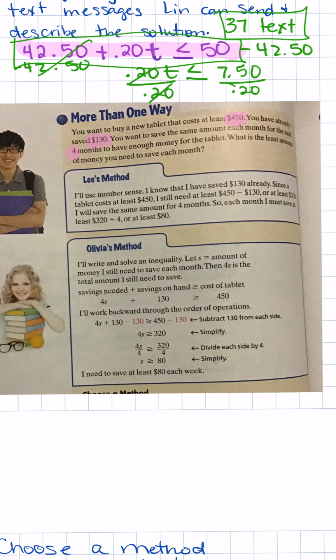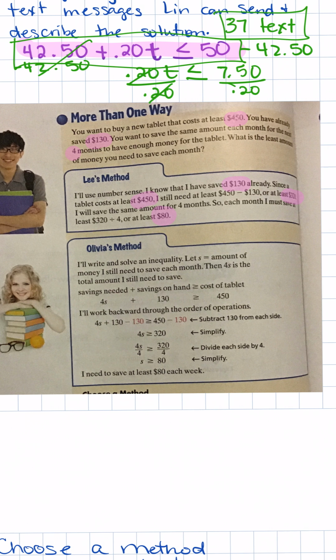I know that I have saved $130 already. Since the tablet costs at least $450, I will need $450 subtract $130, at least $320. I will save the same amount for 4 months, so each month I must save at least $320 divided by 4, which is $80.